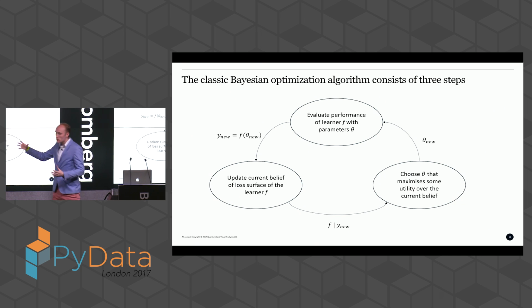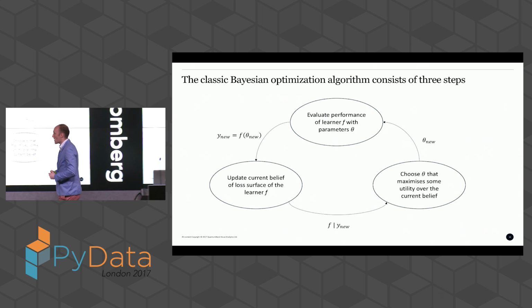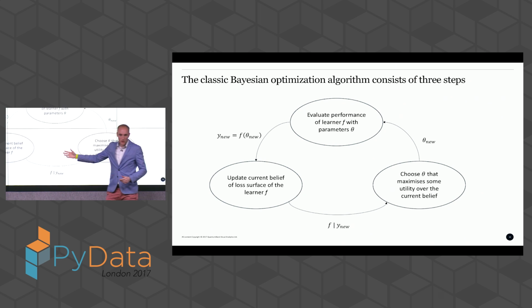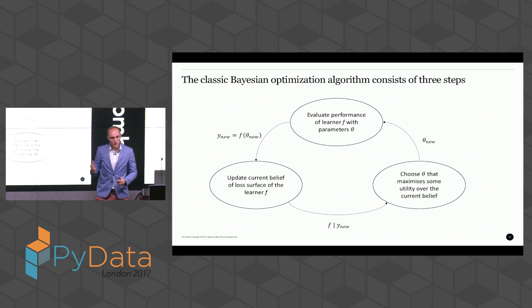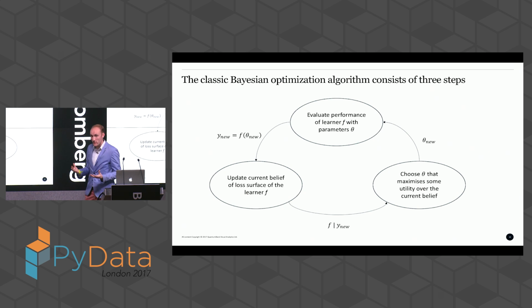So what you do is use those values first to build a belief of the performance function you have. Once you have that belief, you now have an idea of, okay, in this particular region I have higher performance, in this particular region I have lower performance.